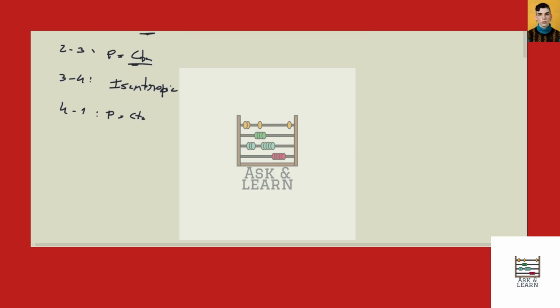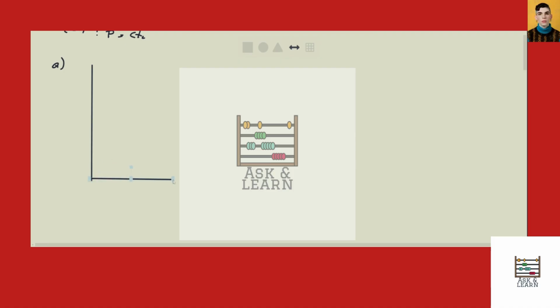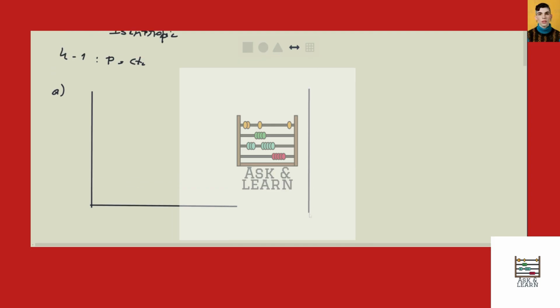Okay, well, we have to actually describe in part A what is the PV and TS diagram of this process. So let's begin with the PV here. Let's put the axis. This is going to be our TS diagram.